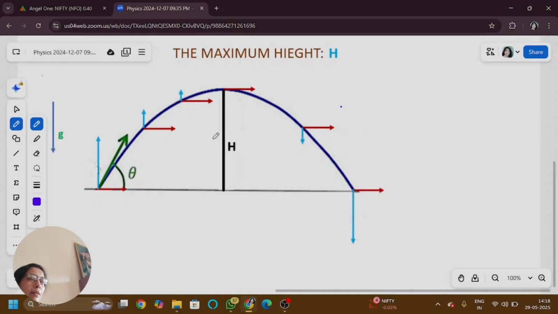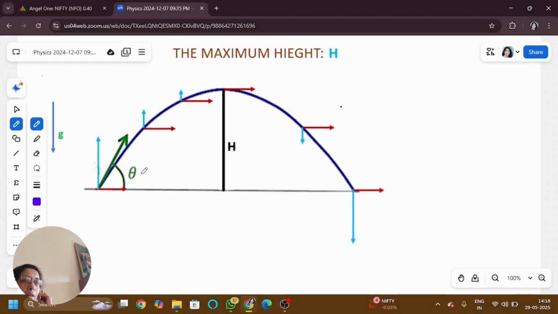Alright squad, now I'll be figuring out how high this projectile can actually go. That is the maximum height, which I have represented by capital H. To do that, we zoom in on the vertical motion only, because the vertical part is fighting gravity the whole time.